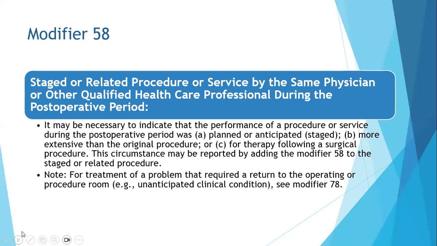There's another example on this we're going to cover in a minute, and that's modifier 78. So keep in mind that that's a different thing. Also, the third example would be for therapy following the surgical procedure. So just remember this is specifically for staged or anticipated. That's the biggest difference here, anticipated work versus unanticipated work.